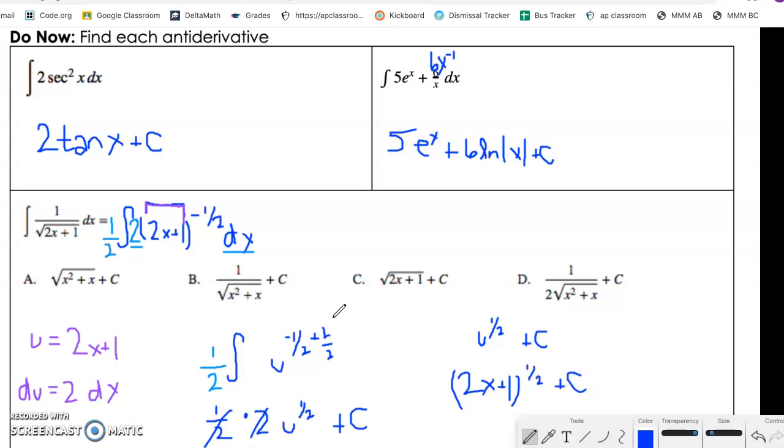So that's the same thing as just the square root of 2x plus 1 plus c.